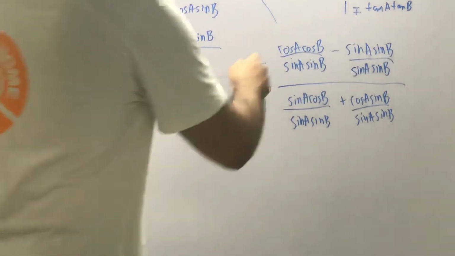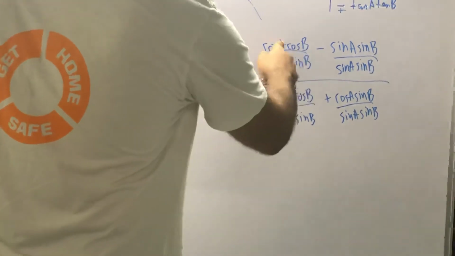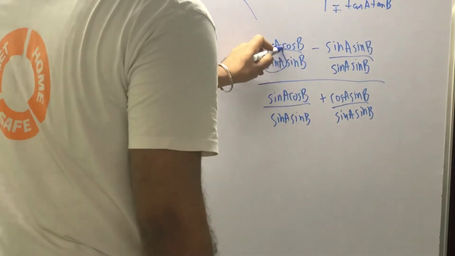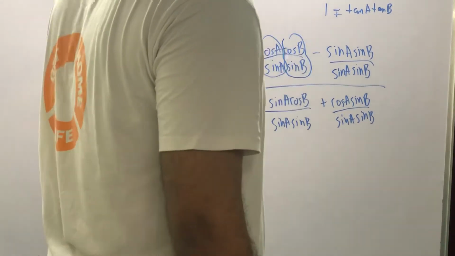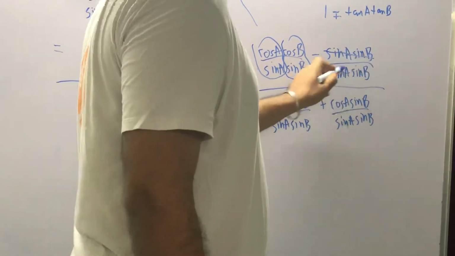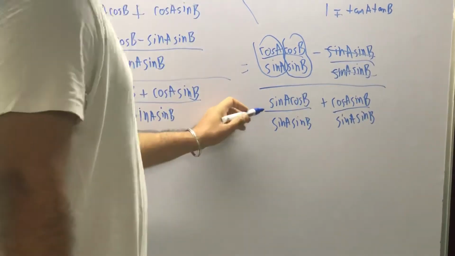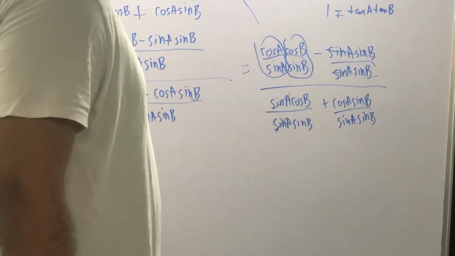See, cos A upon sin A, that is cot A. Cos B upon sin B, that is cot B. Sin A sin B cancel. Again here sin A cancels.